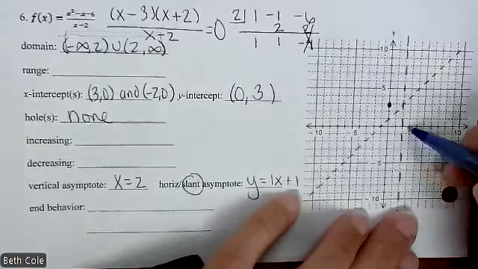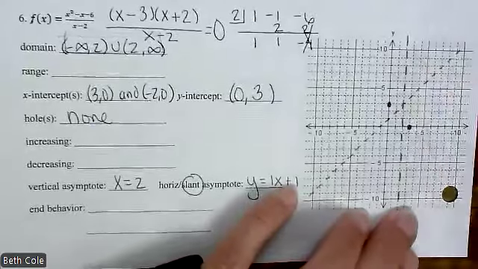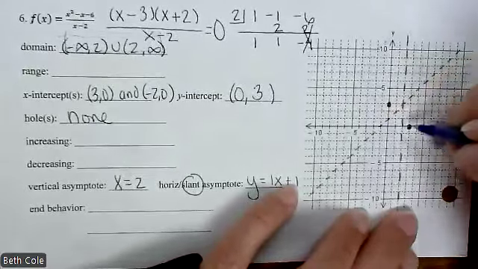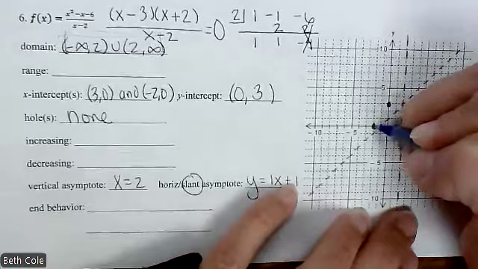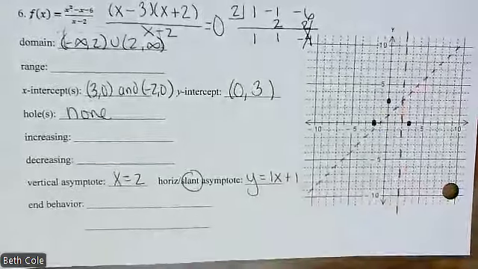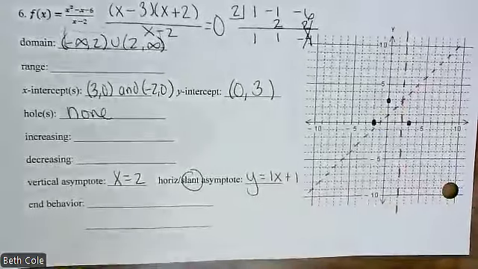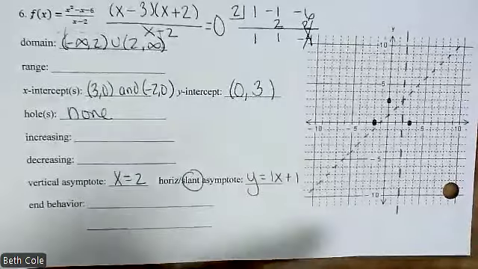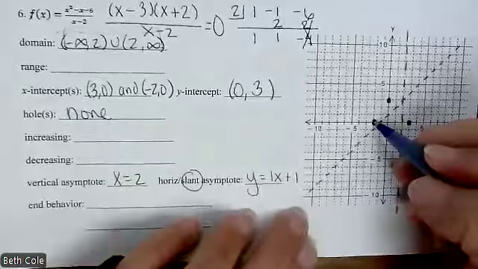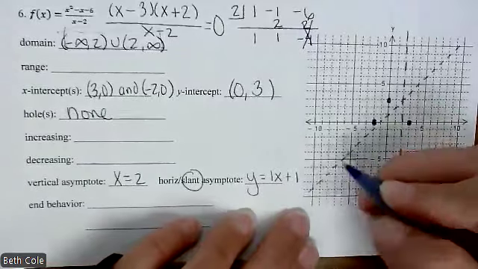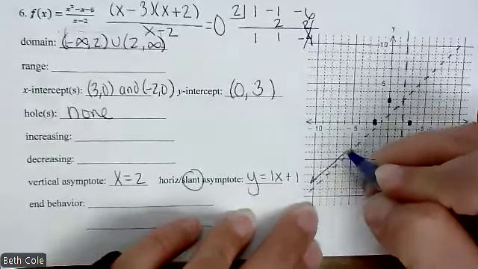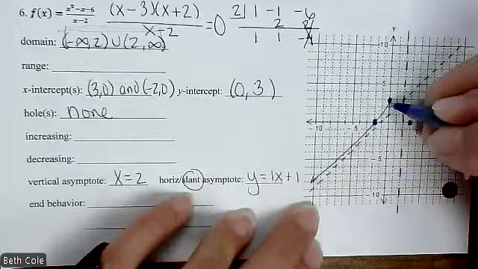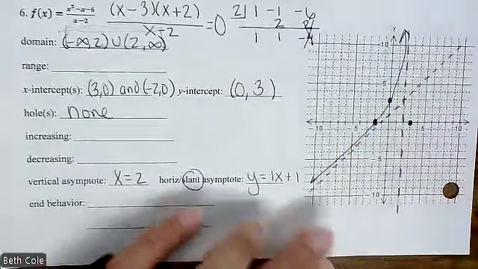All right, so 3, 0 would be right here. -2, 0. Wait, where am I at? 0, 3 would be right here. And then all you have to do is connect the dots and don't run into the asymptotes. So do you see how this point is right here? It's going to coast along this asymptote and then go through the other point and then coast along this asymptote.